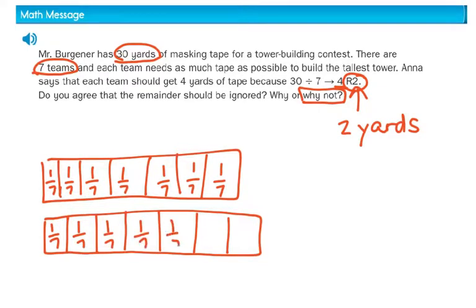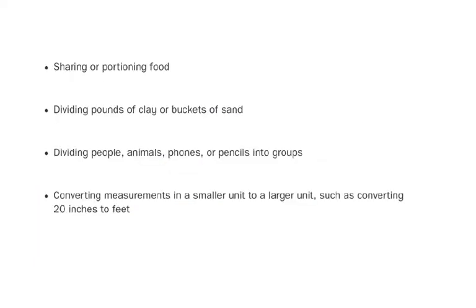I don't want to ignore it. They want as much tape as possible, so each team would get 2/7 of a yard. So sometimes we ignore the remainder, and sometimes we report it as a fraction if we can divide it up.